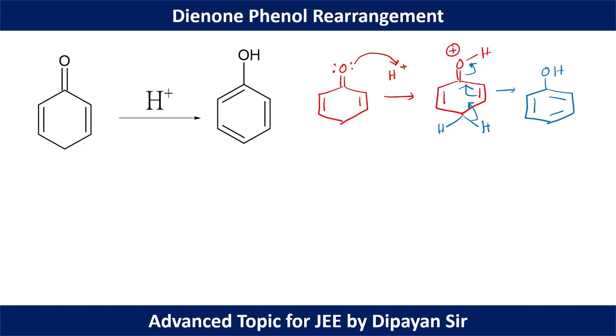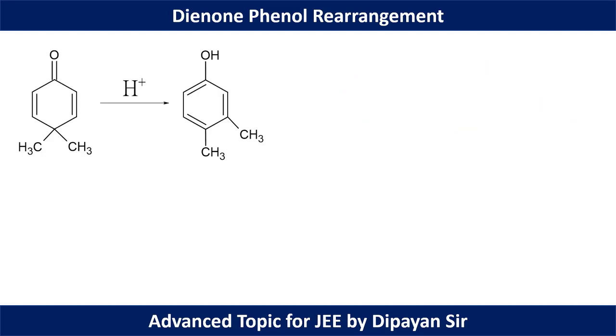But what about the rearrangement? We don't have any kind of rearrangement in this molecule. But if we see this molecule, we can think about the rearrangement. So this is a proper example of dienone phenol rearrangement. Again we have added H plus in the medium.